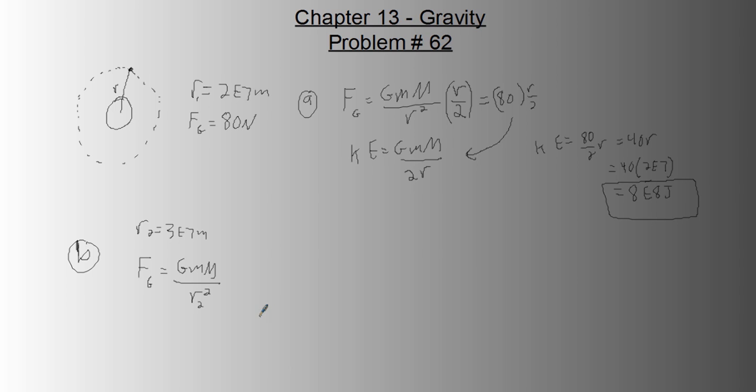Now, we now know the original kinetic energy, and so we could slightly manipulate this so that there is a kinetic energy in here. What we could do is GMm.